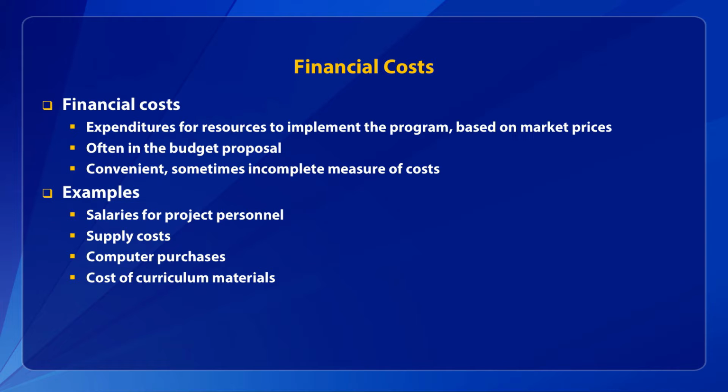Many prices are easily available, and most exchanges in our society are based on a monetary value understood by all. The financial costs associated with running a program or intervention are those found on the budget sheet. However, financial costs are only a convenient and often incomplete measure of costs, and many programmatic cost analyses do nothing more than include this amount.